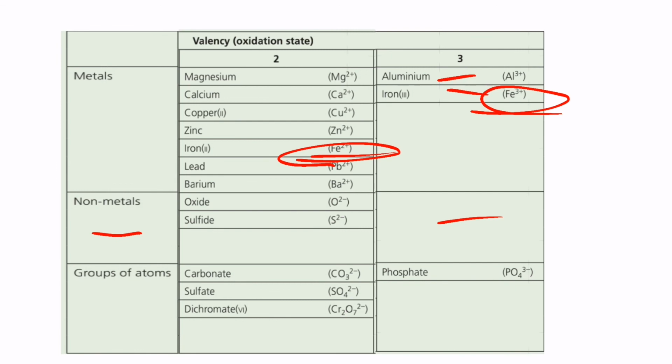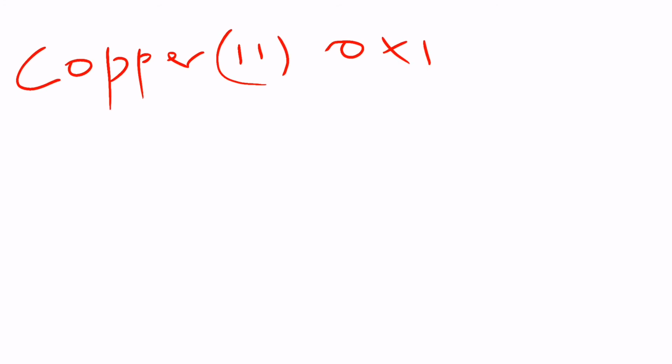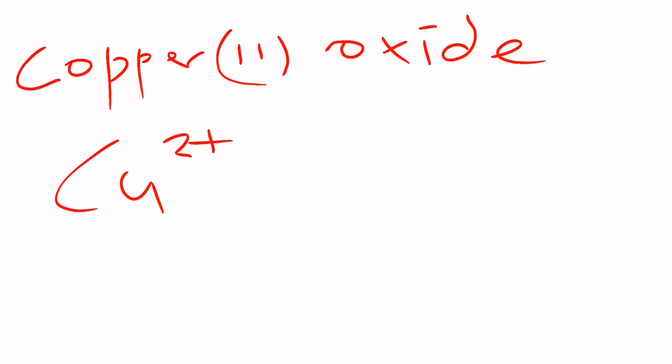Okay, so now if we are using these ones, again, if it's 2, suppose let's take copper 2 oxide. We want to write copper 2 oxide. So copper is Cu2+ now that we're using. In the other one we're using copper 1.